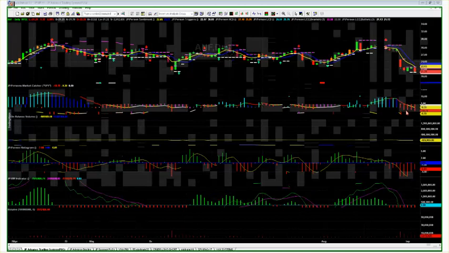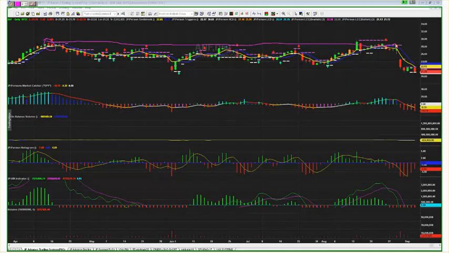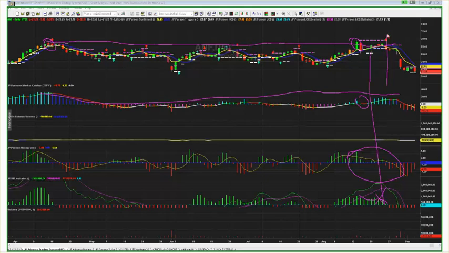You look at this, and we're not going back that far, just the highs in April. The market's at newer highs, and the relative strength is nowhere near that same high. The momentum is weakening, and the volume is falling off the face of the planet. So by the time you get a sell signal and you look at these conditions of the market, you're less likely to buy that stock.